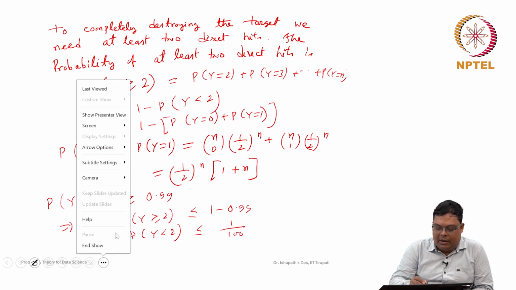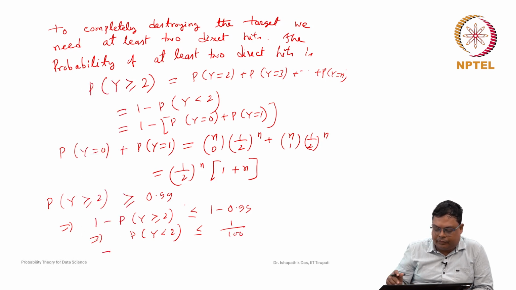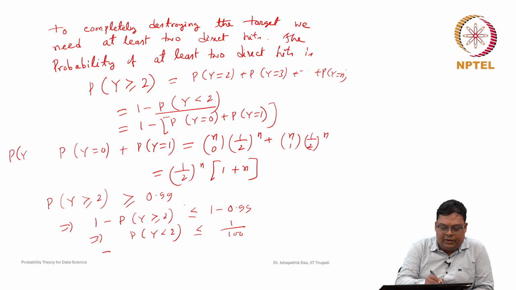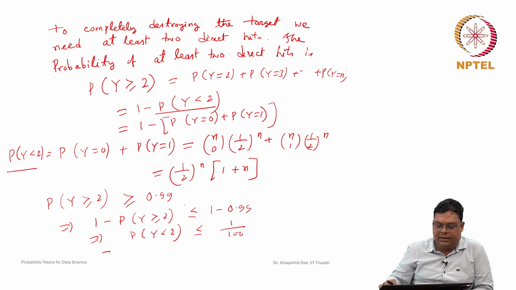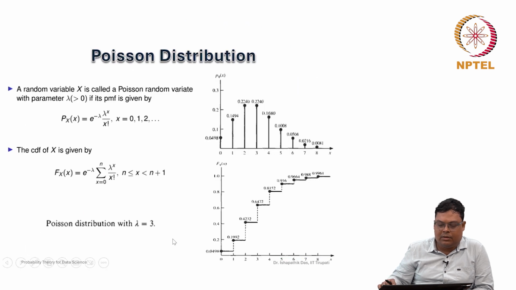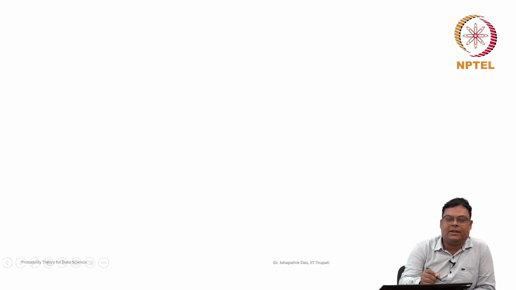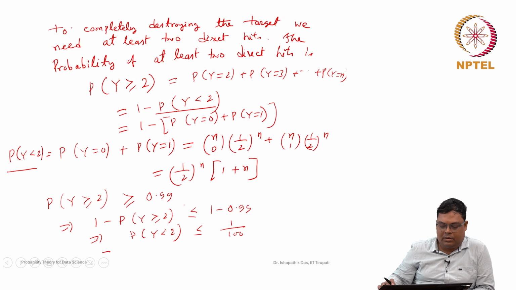So, now this probability we have found here is the probability of y less than 2. So we got that the probability of y less than 2 is less than or equal to 1 by 100.